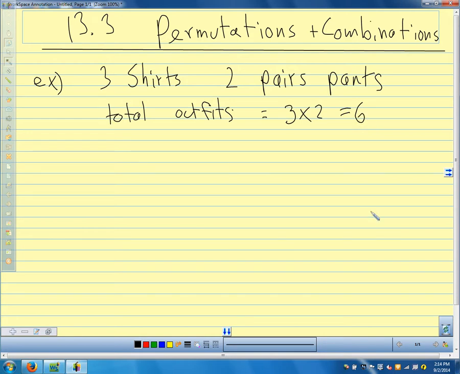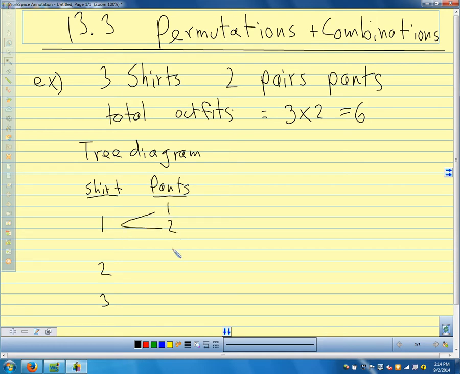Let me draw what's called a tree diagram to show why this works. So here's our tree diagram. I'm going to say shirt and pants. So here's shirt number 1, shirt number 2, and shirt number 3. For shirt number 1, I could wear either of these 2 pairs of pants, pair number 1 or pair number 2.